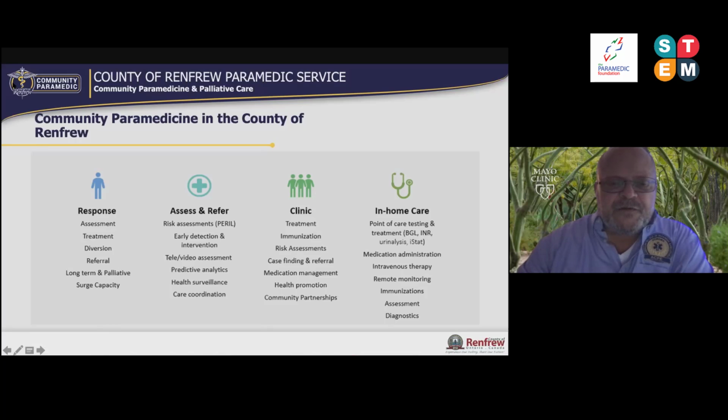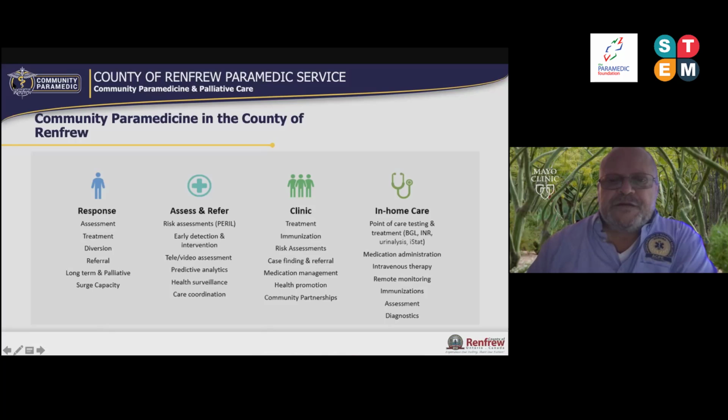The information that comes from those devices is collated and sent electronically, and there are parameters that are set for each patient. And when the patient falls out of their parameters any time that they're doing one of those that gets sent in, then the community paramedic gets a text notification to check in on that patient. And then they also do care coordination.